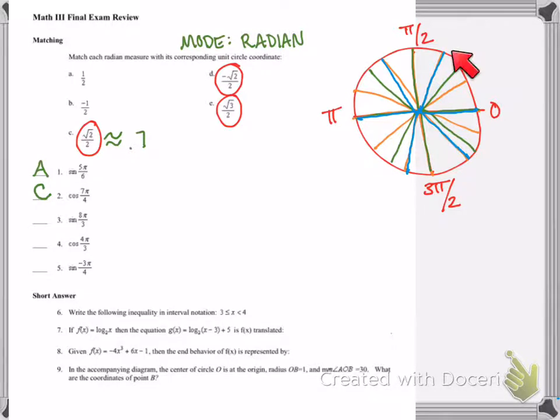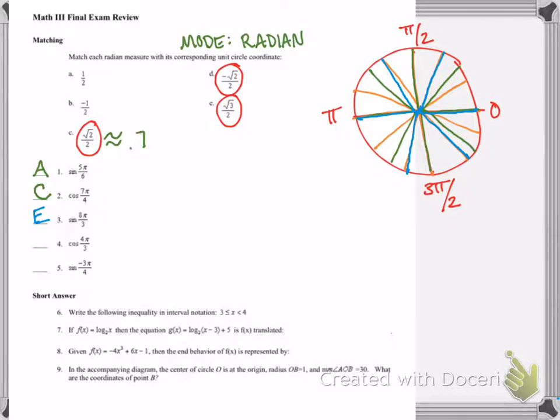This would be 7/3 if we come back here, and then this would be 8/3 right here. So it's at the same place as 2 pi over 3. So 8/3 is this spot, and we're looking at a sine, which is a y value. It's the highest up we can go on the y-axis until we get to 1, which is the highest. So this is going to be the square root of 3 over 2. It's positive because we went above the x-axis. So this is going to be letter E.